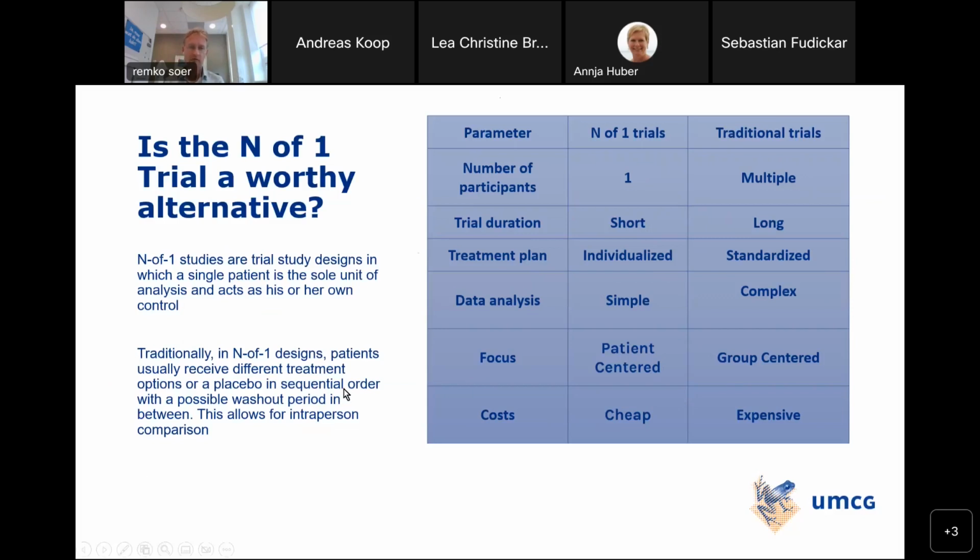And then it really allows for the intraperson comparison. And you can definitely also randomize them. So you can even blind yourself. You can blind the patient on what intervention you're going to provide.